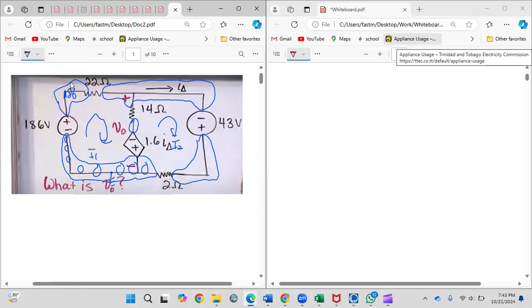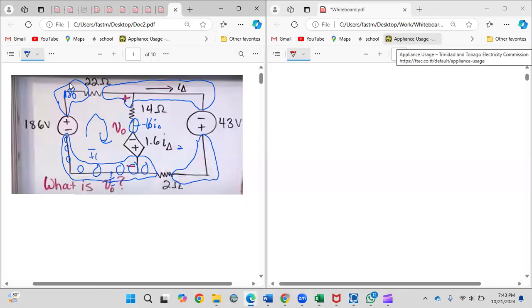This is our voltage dependent source. So this here is 0. So this side here is what I was talking about here. This would just be minus 1.6 I triangle, you know where it is.